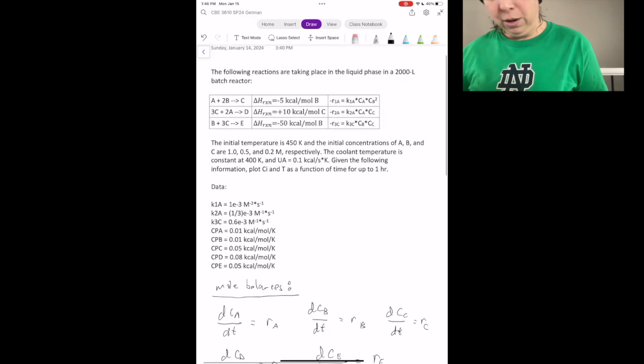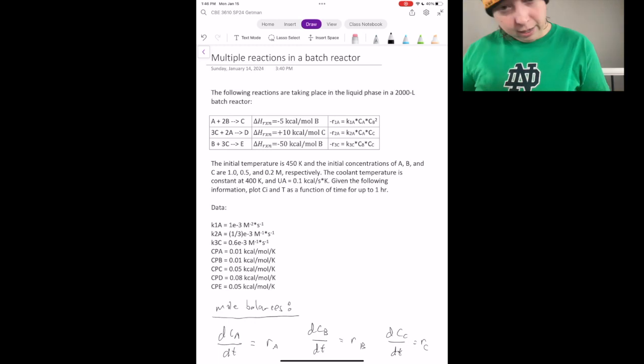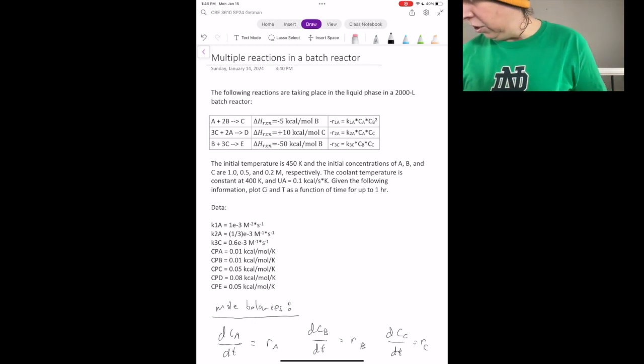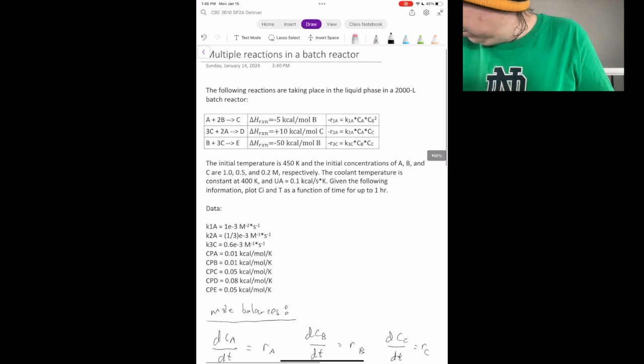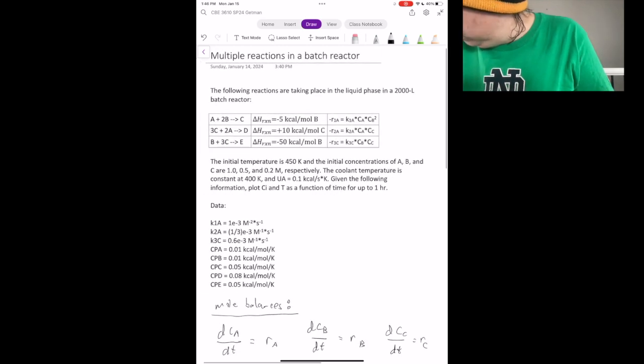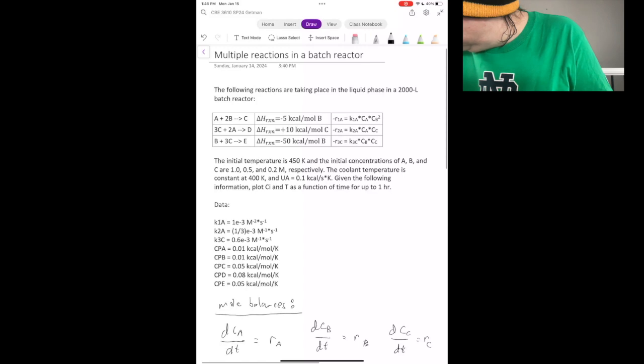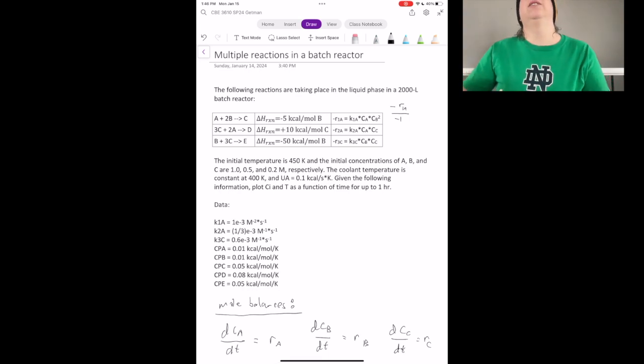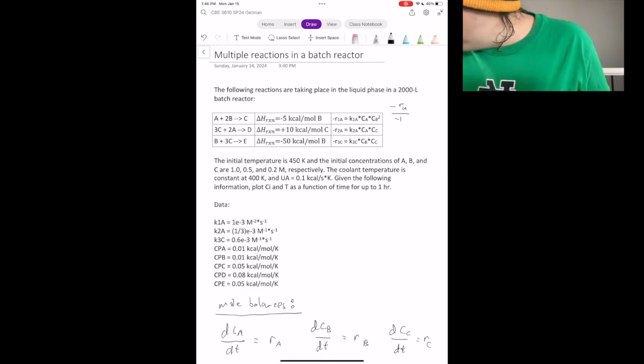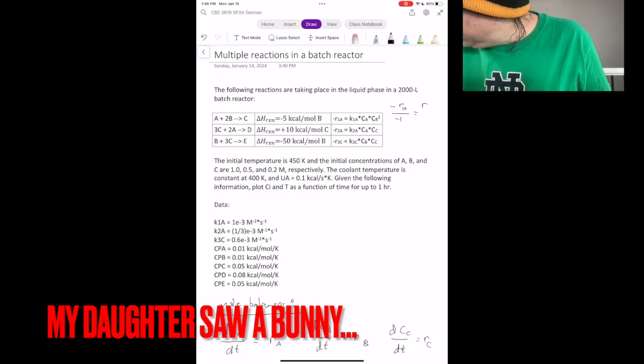So let me do one example. Let's take species B in reaction 1. So if I want to write this in terms of species A, because I have that information, I'm going to say negative R1A divided by negative 1. So the stoichiometric coefficient on A is 1, and A is a reactant, so I'm going to make that negative. I actually made an error here.